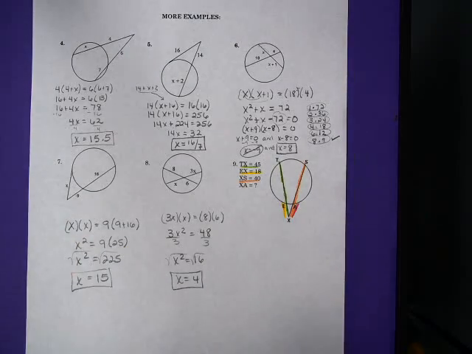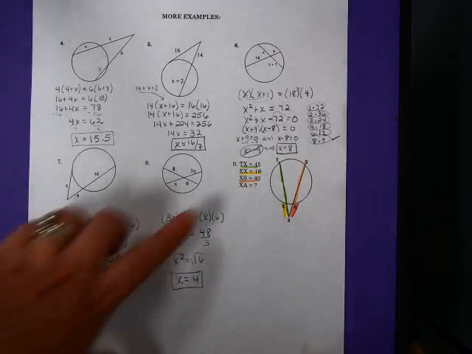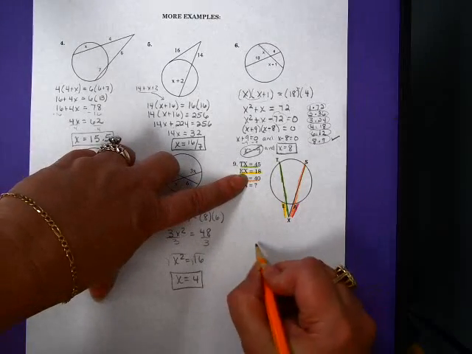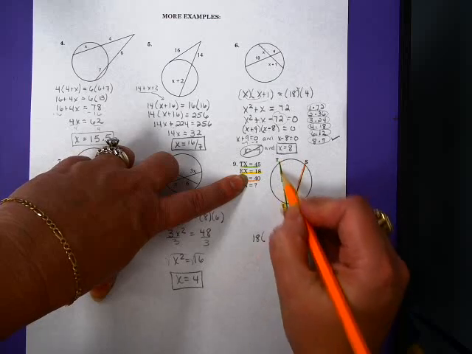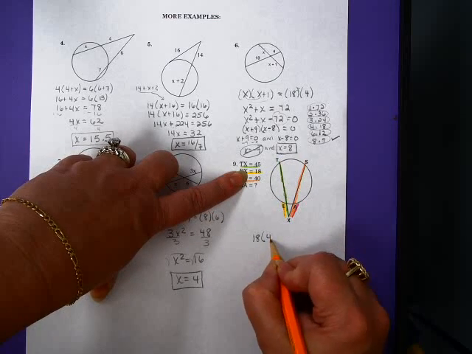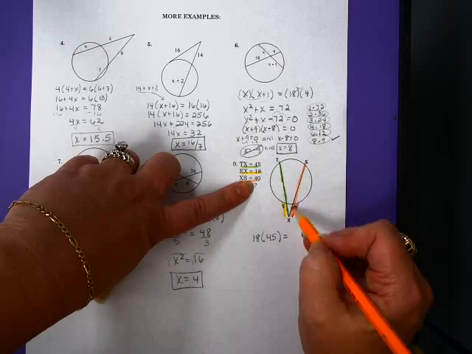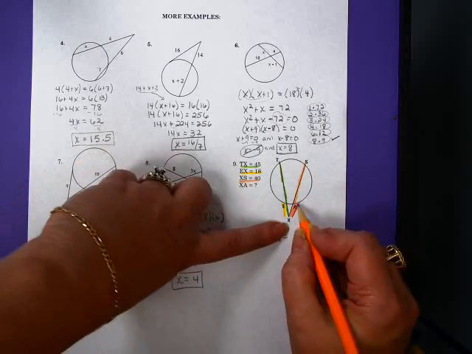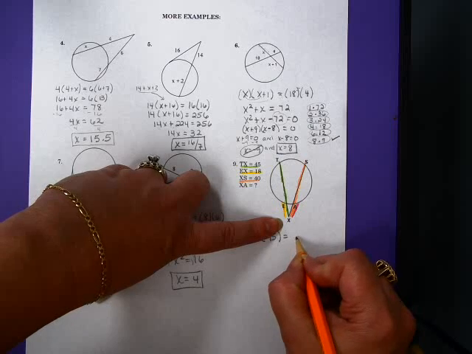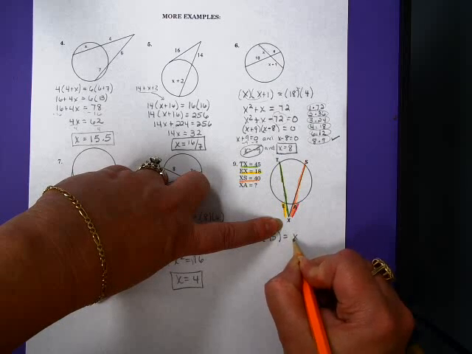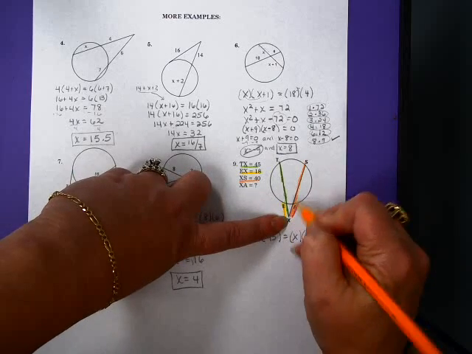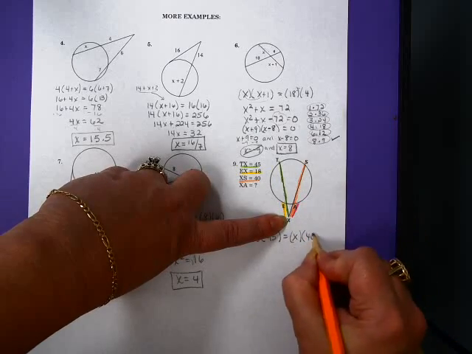Okay, well, that's the outside times the whole equals the outside times the whole. So yellow, which is 18, times the whole thing, which is green, that's 45, will equal the outside, which is orange, or I'm sorry, the pink, which is AS, so I'm just going to put x here. Outside times the whole thing, which is the orange, so that's 40.